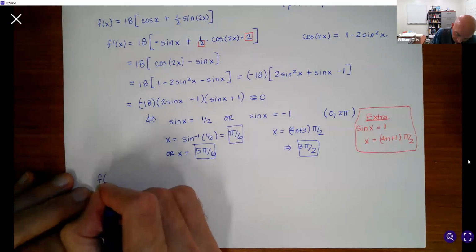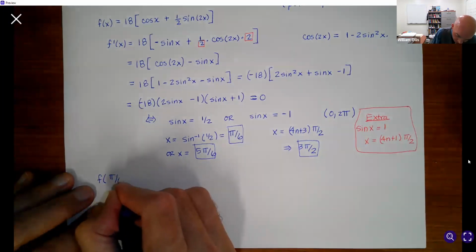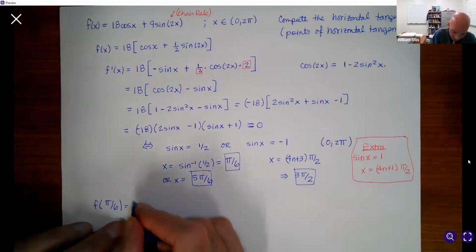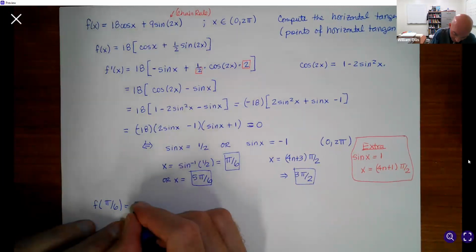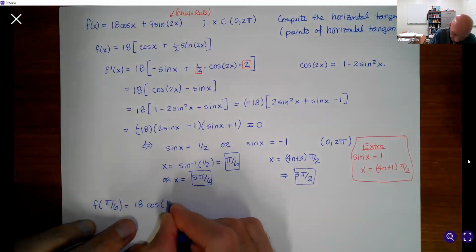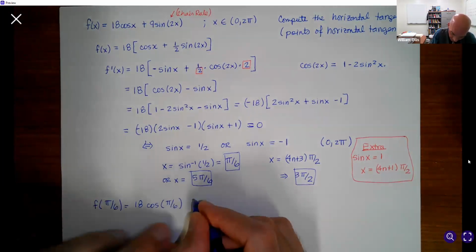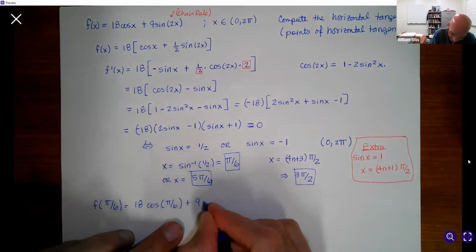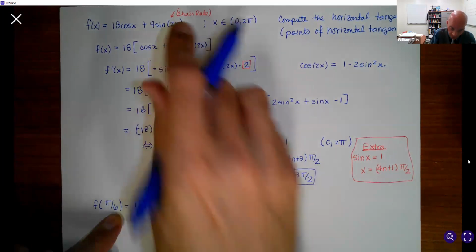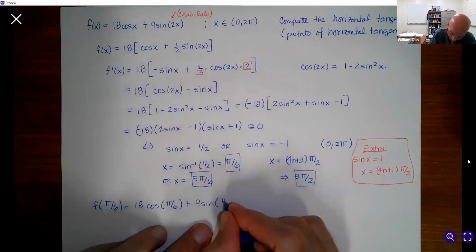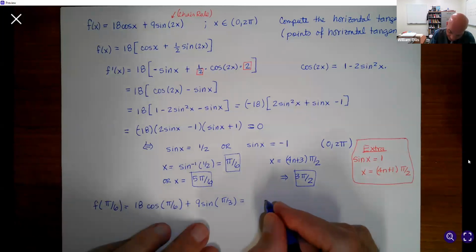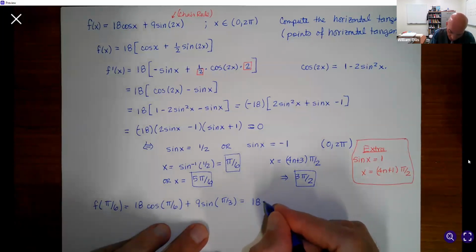So f of pi over 6, go back to the original function up here, right there. So we have 18 times cosine of pi over 6 plus 9 sine. Of course, we have pi over 6 and the 2, so that'll give us a pi over 3. So, of course, we've got 18 times what?